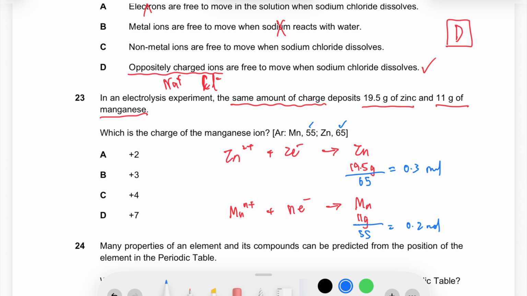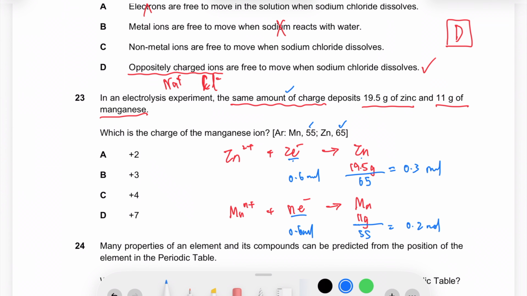Coming back. For zinc, if you do your mole ratio, 1 is to 2. It is 0.3 here, so here will be 0.6 mole. And take note, because they mentioned the same amount of charges, if here is 0.6 mole, here will be 0.6 mole as well.